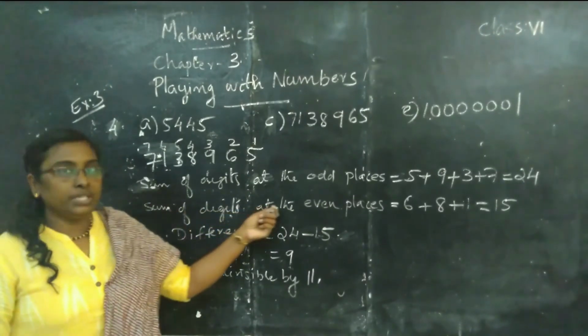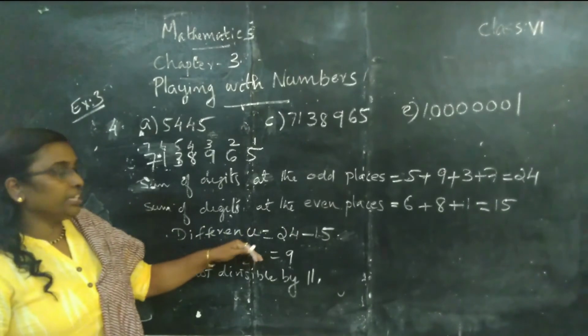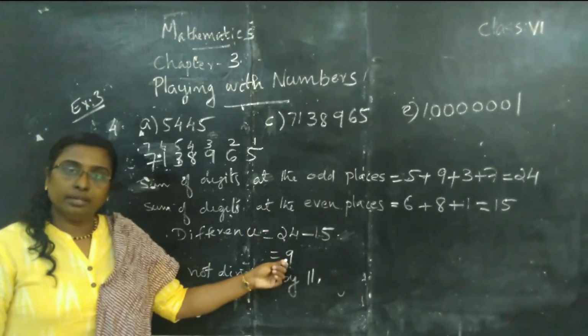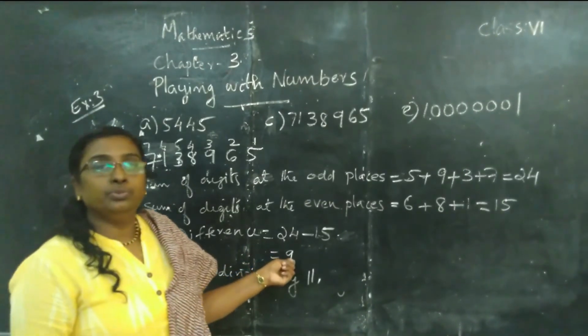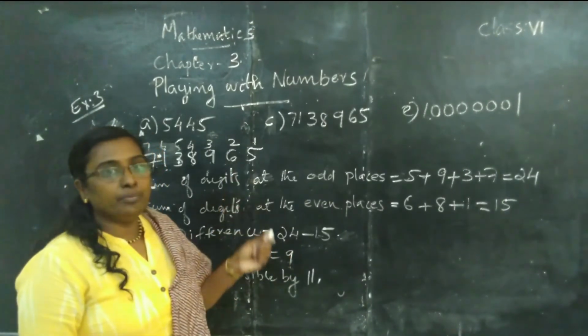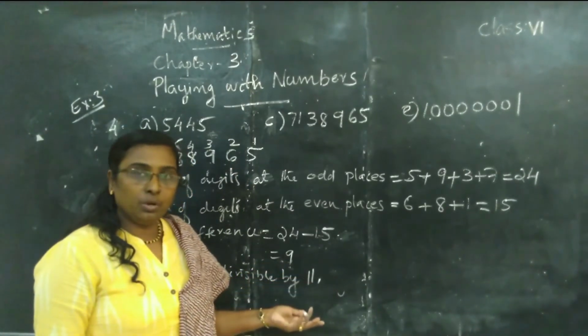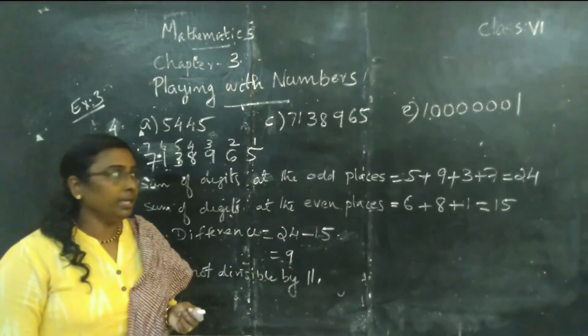Next find the sum of digits at even places, we get 15. Then take the difference, 24 minus 15 equal to 9.